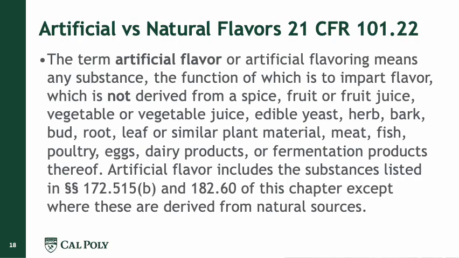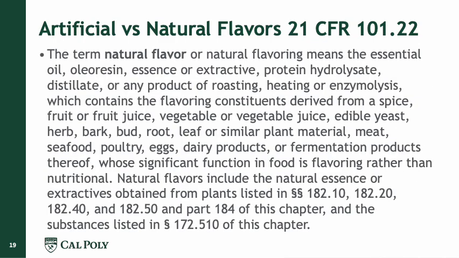Artificial versus natural flavors are defined in Code Title 21. This is just a definition. Artificial flavor or artificial flavoring is something that is not derived from a spice, a fruit or fruit juice, vegetable juice, edible yeast, herb, bark, bud, root, leaf, or similar plant material, meat, fish, poultry, eggs, dairy products, or fermentation products.